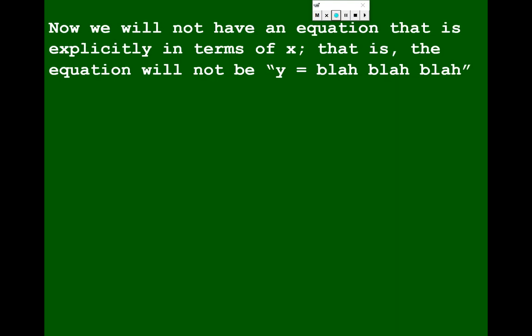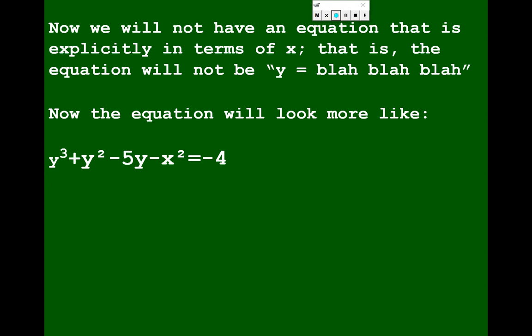The thing is, we will not always have an equation that's explicitly in terms of x. That is, the equation will not be y equals blah, blah, blah. It'll actually look a little more like this: y to the third plus y squared minus 5y minus x squared equals negative 4.